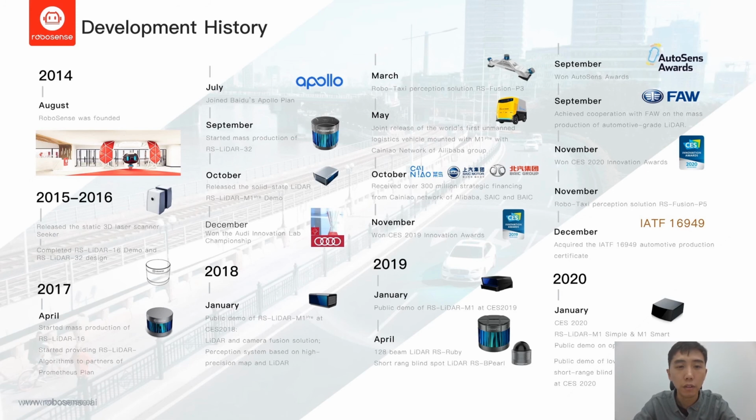So here is the development of our history. Our company was founded in 2014, and in 2017, we started the mass production of our R/LiDAR 16. And then we provided more products, such as the R/LiDAR 32, the MIND LiDAR, the Beeper LiDAR, and the Ruby 128 channel LiDAR.